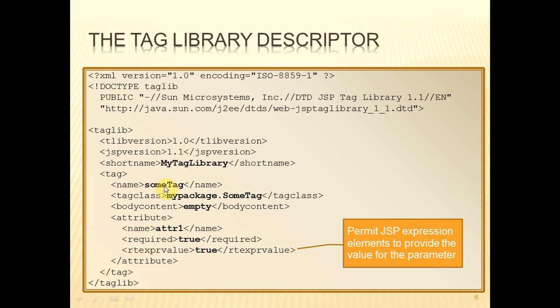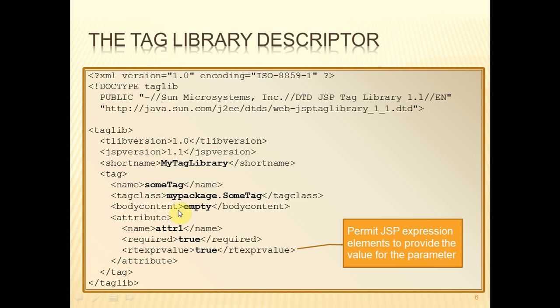Of course, this bit, the name element, will have a different value for each of the tags. Here we've just got some tag. This is the name of the tag, and it's that name that will be used in the JavaServer page. Here we've got the tag class that's nominated, and again it's fully qualified, so we'll have the package names and then the name of the class that handles this tag.